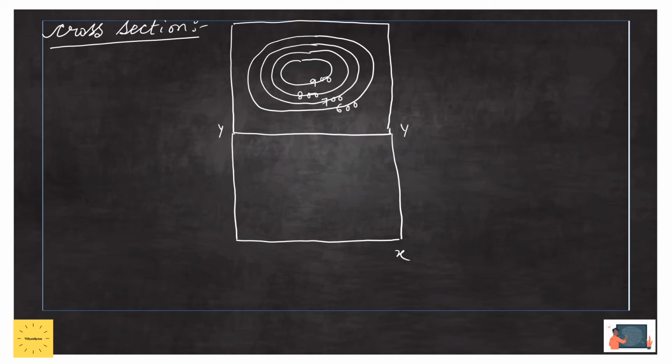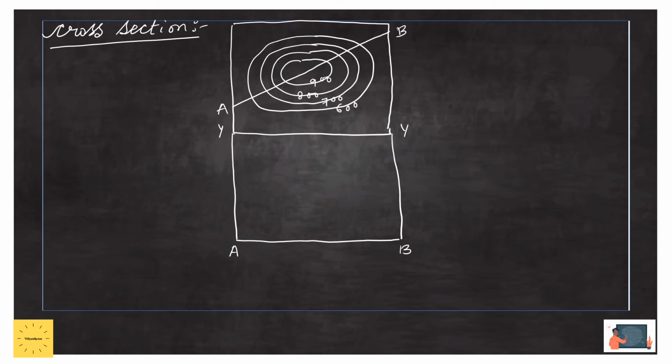Okay, so here I am drawing a cross section line and marking as A and B. So this is A and this is B.